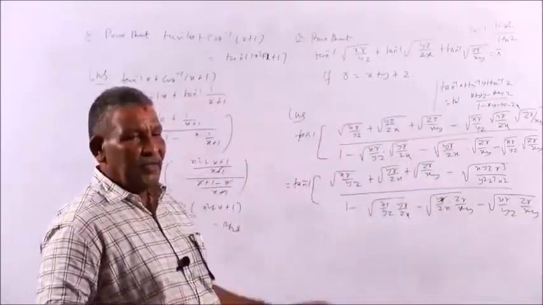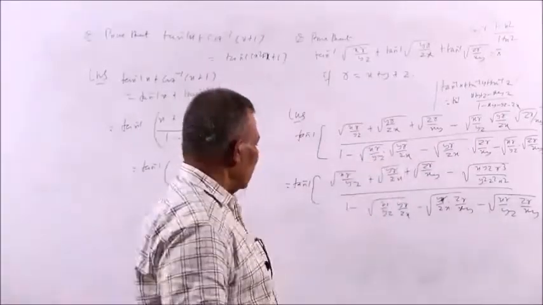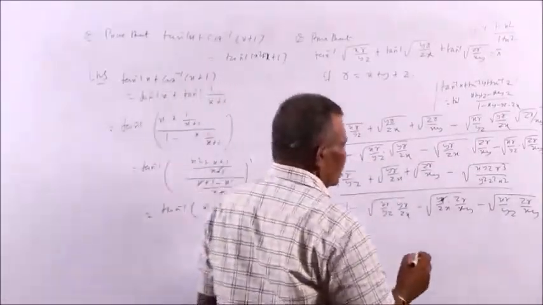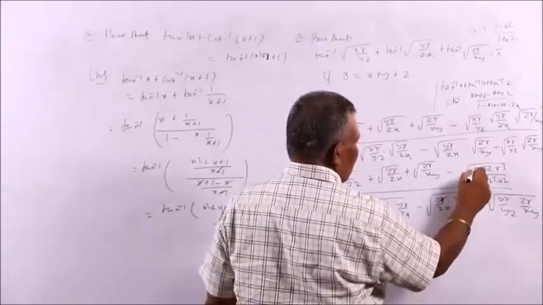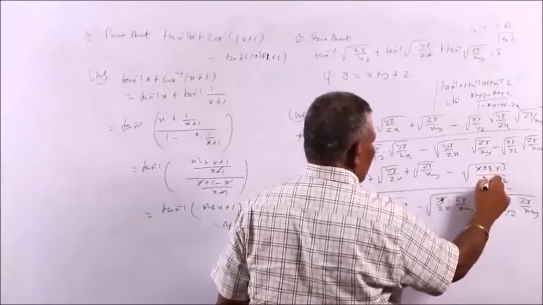Root x into root y can be written as root over of xy. By that rule, I have multiplied all these quantities. So let us see which terms will be cancelled out. x will be cancelled, y will be cancelled, z will be cancelled.